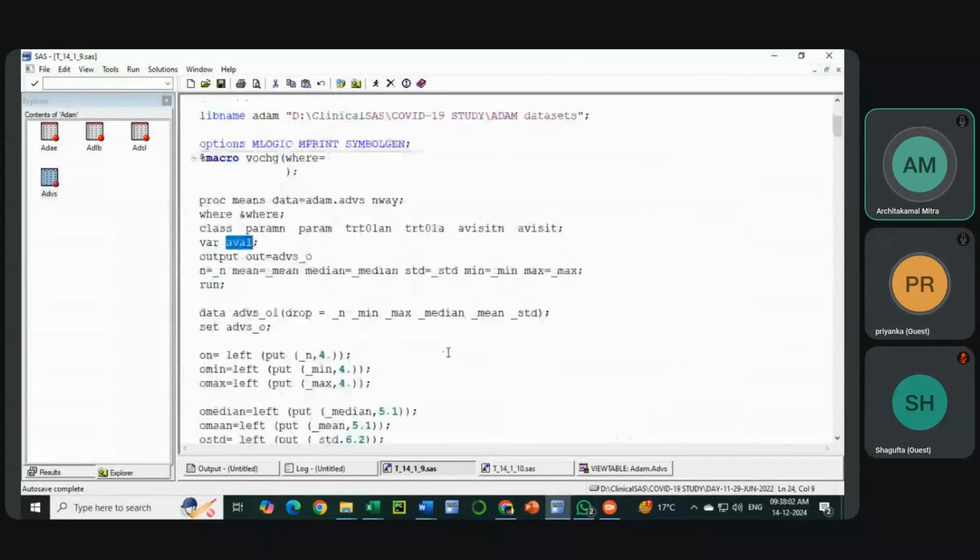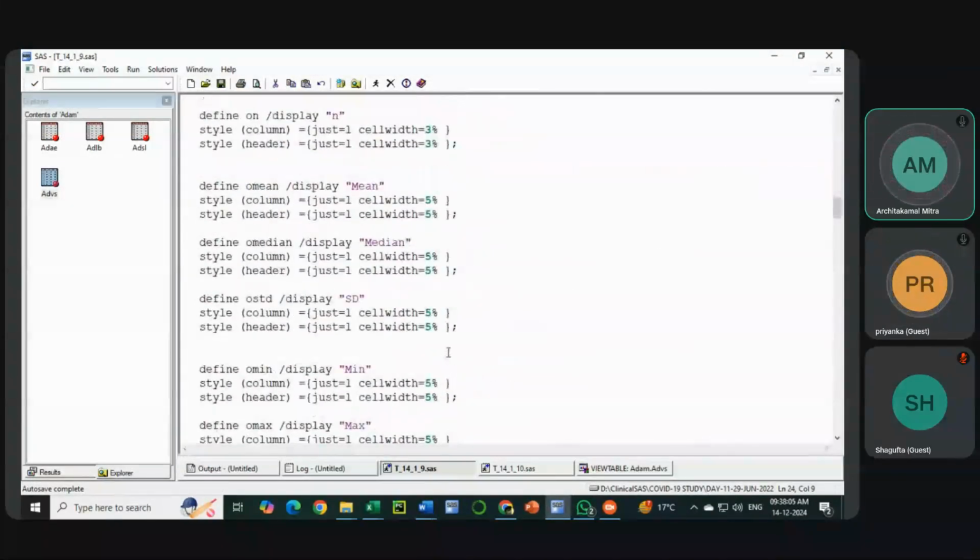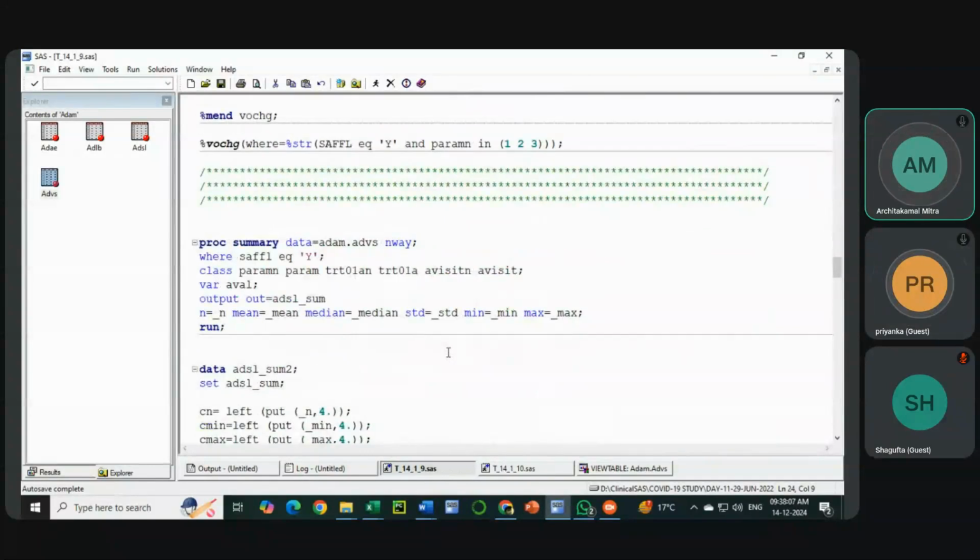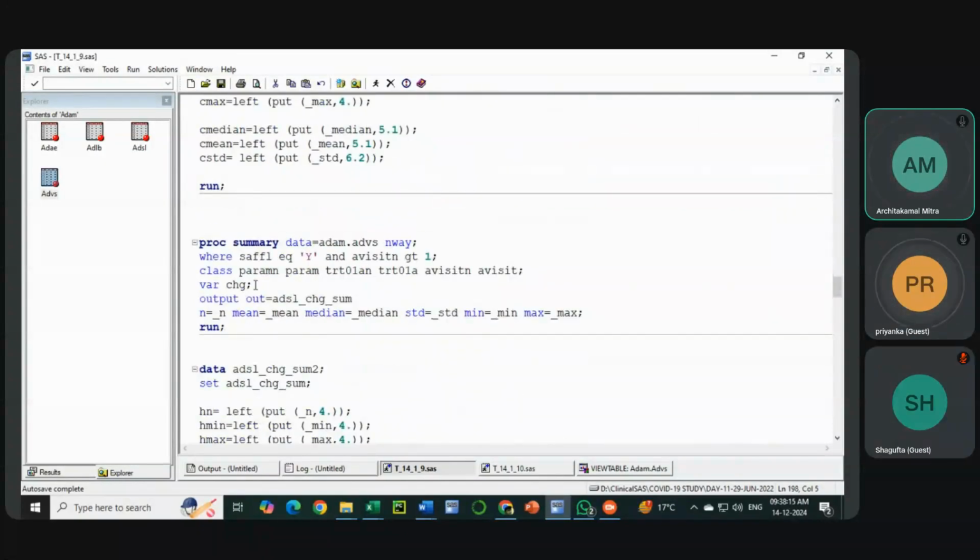Here also, down below, which is the simple version without the macro, instead of means we have given proc summary. Same concept. Proc summary, variable eval. If you go down, proc summary, this is change. Both are the same, proc summary and proc means. We can use either to calculate this.